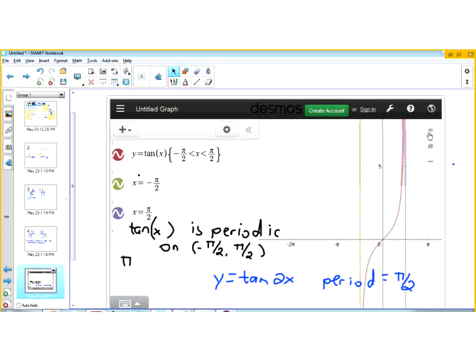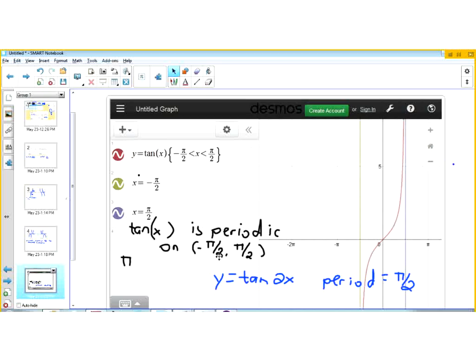So the way we would graph y equals tan 2x is we'll graph one branch on one period. Okay, and so now because we're shrinking the graph, we have to adjust our vertical asymptotes so that they're now half the length of this periodic interval.